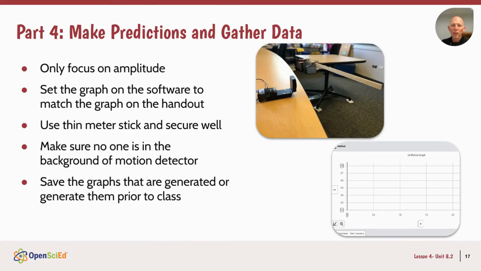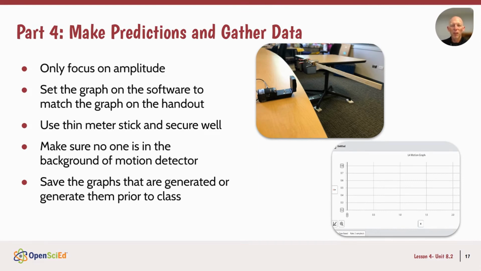I have some meter sticks that are thinner than others. They work the best, they're flimsy, they vibrate a little bit better. Also make sure when you're running the test that no one is behind the meter stick. The motion detector will then pick up that movement, and won't read the vibration quite as well.